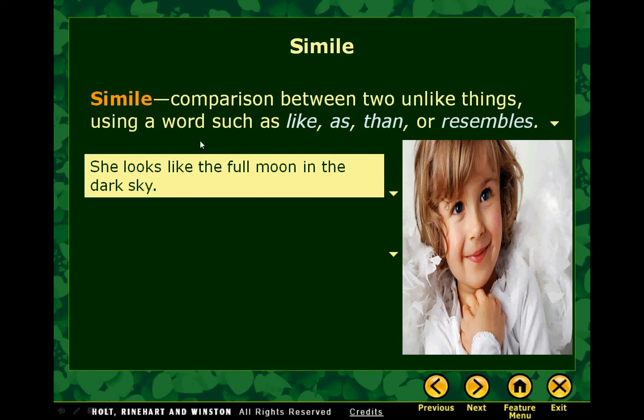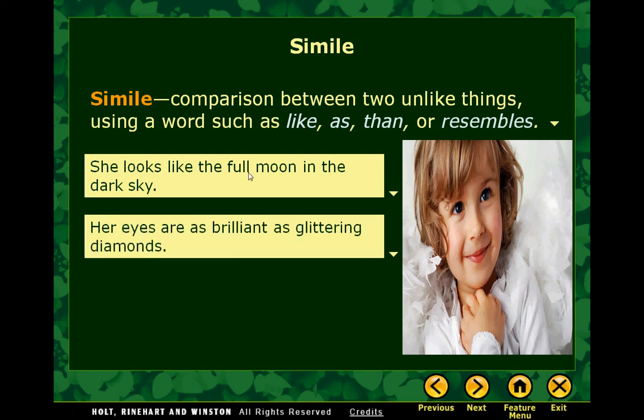This is what we call a kind of resembling, or talking about resemblance between two things. In this case, the girl and the full moon. Her eyes are as brilliant as glittering diamonds. The word as here also indicates a kind of resemblance, a kind of comparison between the eyes and the diamonds.